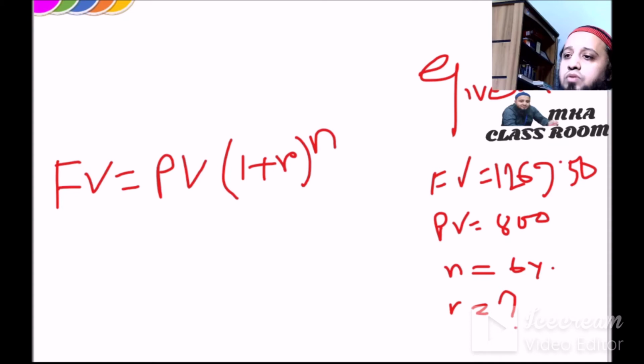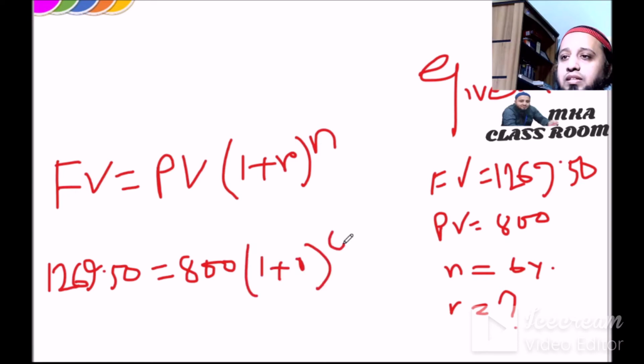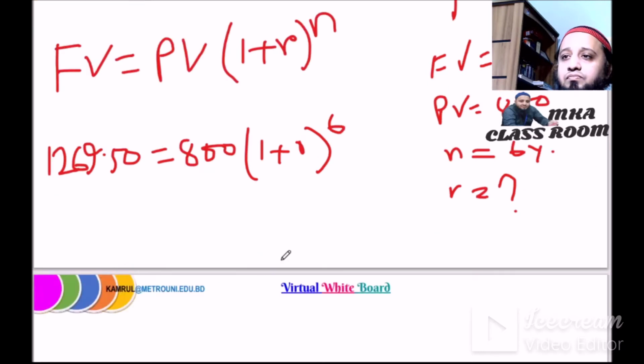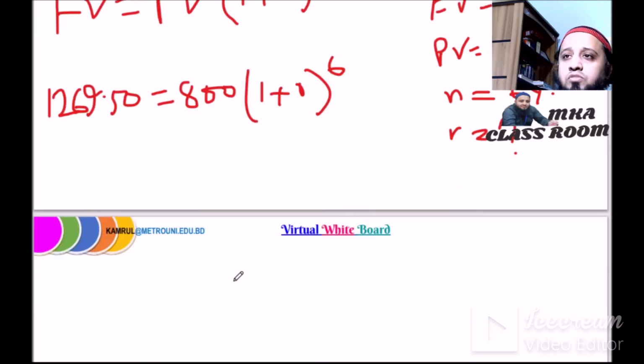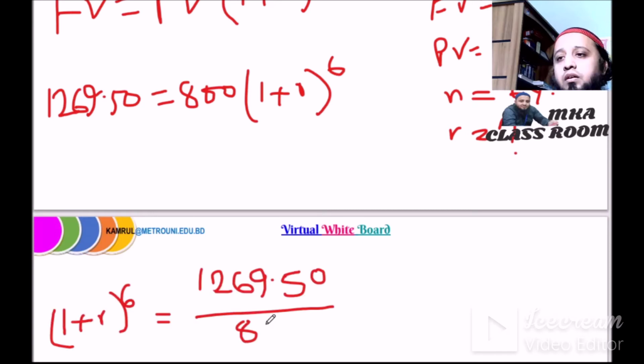1269.50 equals 800 times (1 plus r) power 6. Then what will happen to our problem? 1 plus r power 6 equals 1269.50 divided by 800.